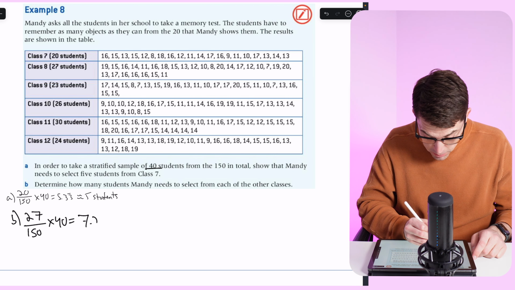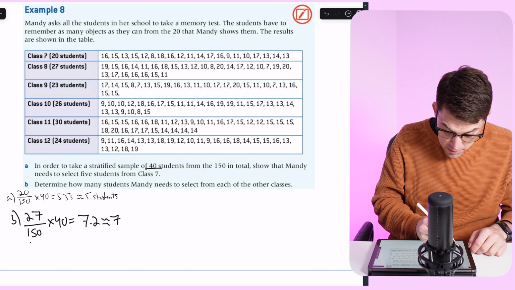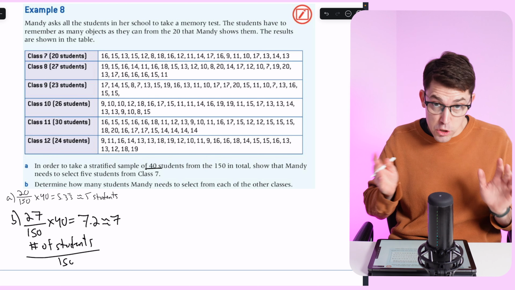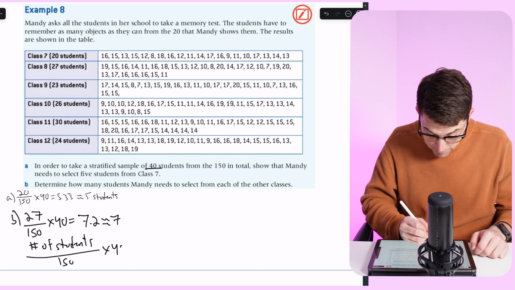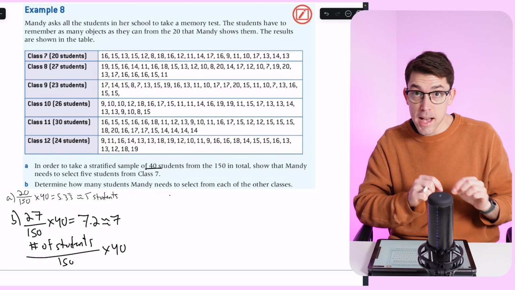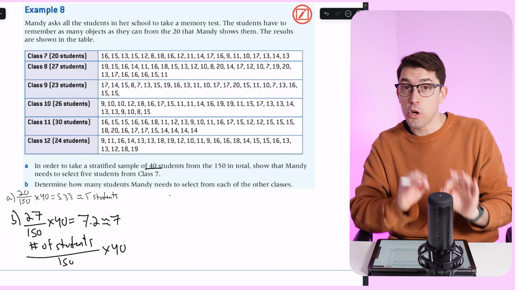This would be 7.2, so about 7 for 8th grade. What you're going to do is take the number of students, divide that by 150, which is the total number of students, and then multiply that by 40. That's the general formula for figuring out what percentage each class has out of the 150, and then multiplying that by 40, our new sample size, to get our new number.